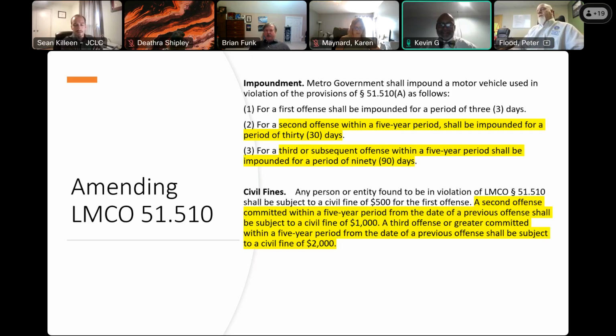No, that's more lenient. I think you're thinking about it like they have to correct something within a span of time. We're just talking about if you have 3 offenses within a 5-year span of time, then you're going to get this stiffer penalty.